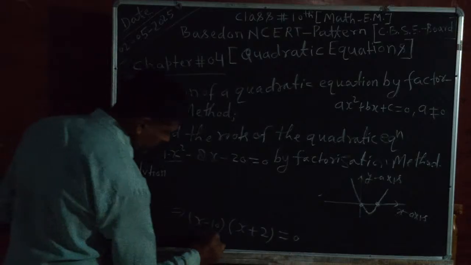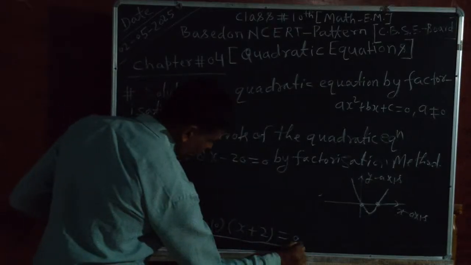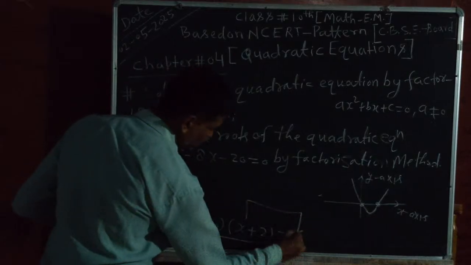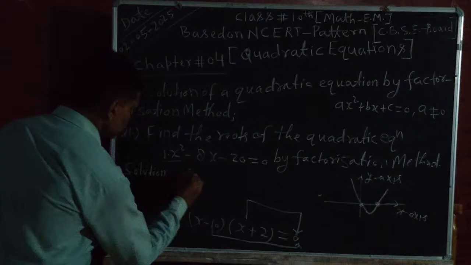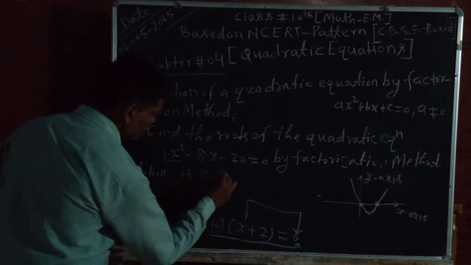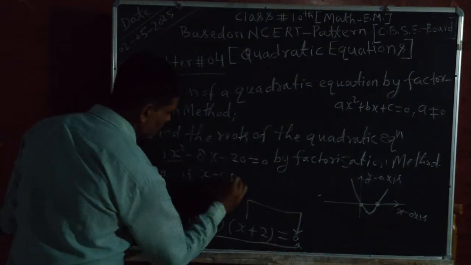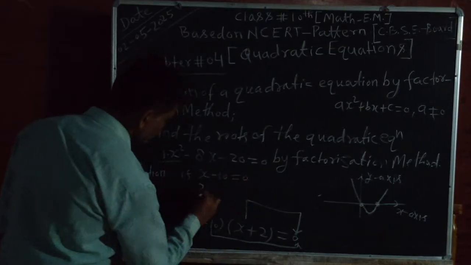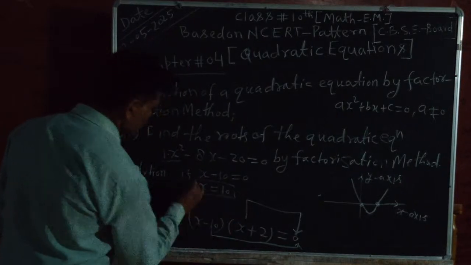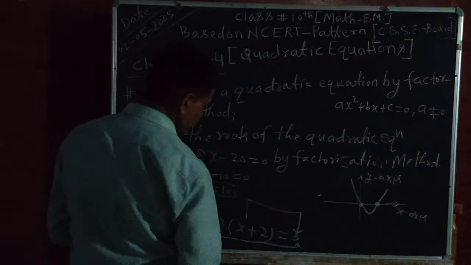So this term can be 0, or this term can be 0. Okay, student. So there are 2 steps. Here I will say if x minus 10 is equal to 0, then x is equal to 10. So I have got one value, x is equal to 10. Now this term will be 0.